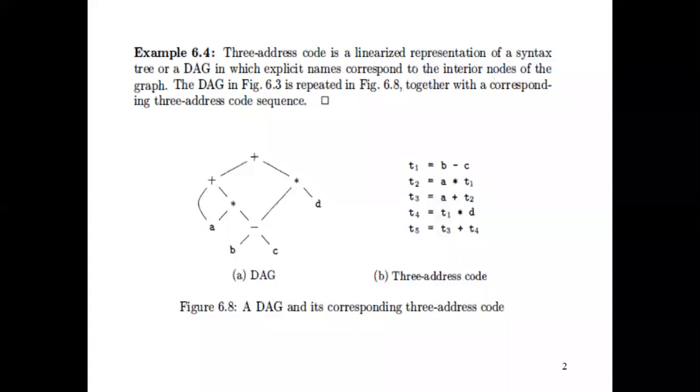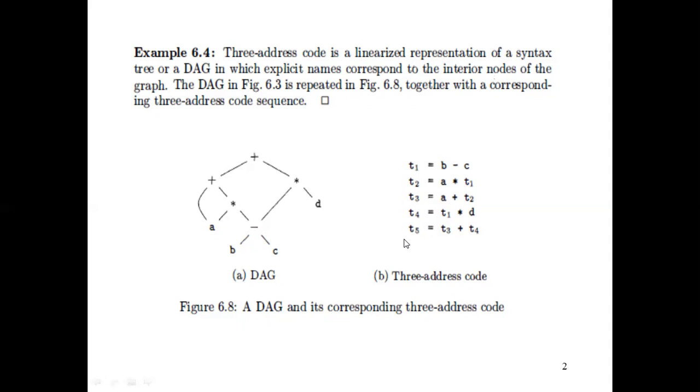So first we will concentrate on the common subexpression where there is a repetition, and then we will write the three address code. Whenever we write the three address code, we can take help to draw the directed acyclic graph. So in this way you can draw the directed acyclic graph and also write the three address code.